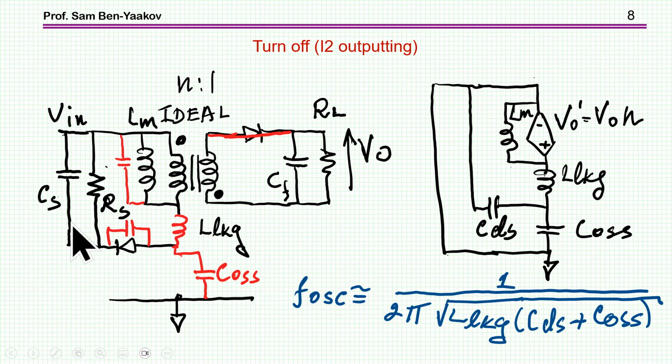And then I'm showing here a clamp. We need the clamp because without it, as we interrupt the current of the leakage, the voltage here will start rising and it can reach a dangerous level to damage the transistor. So therefore we are using a clamp. I'm not going into the design of the clamp.